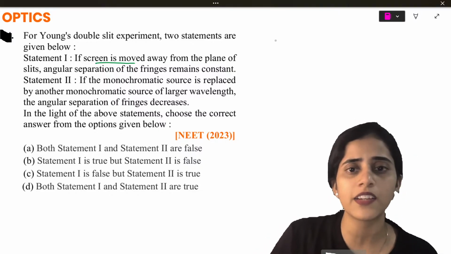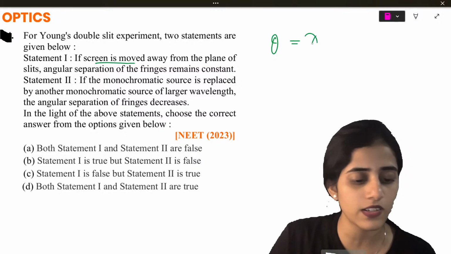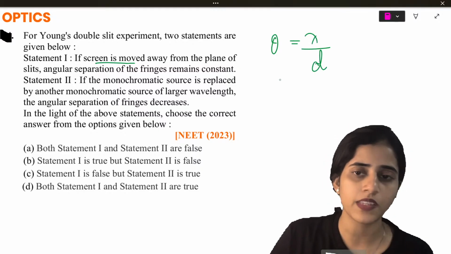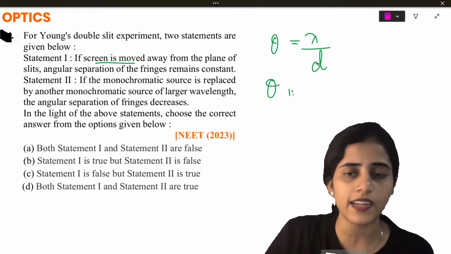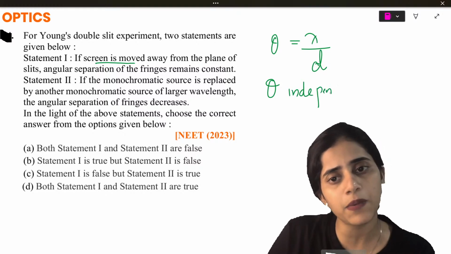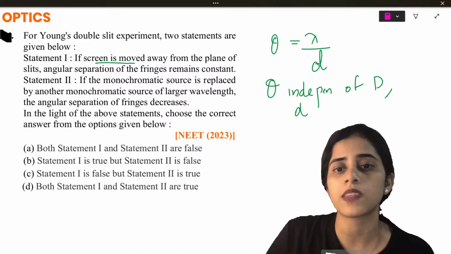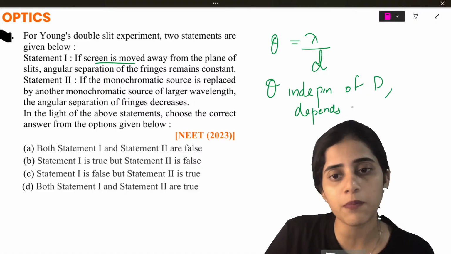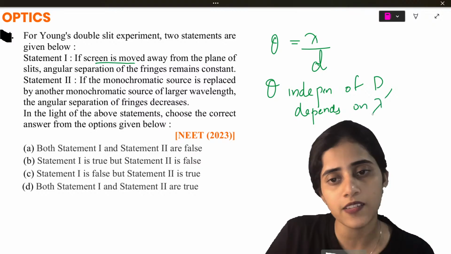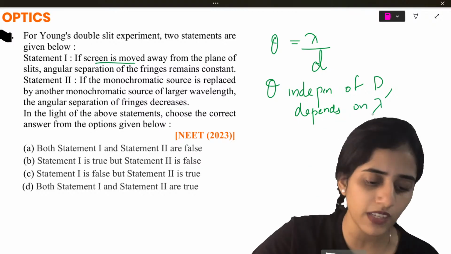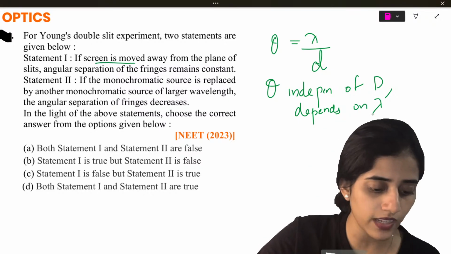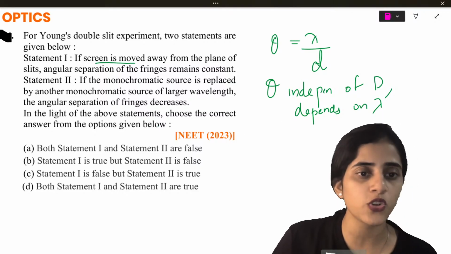So one formula that you know is what? Theta is equal to lambda by d. So from this formula, it's very clear that theta is independent of what? Of D. Theta is dependent on lambda. So these two are very clear. So what would the answer be? Statement 1 is true.